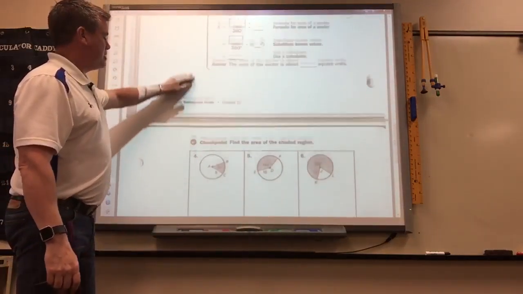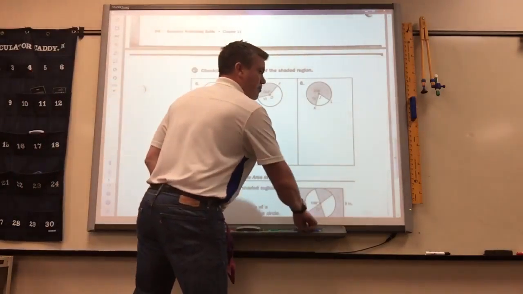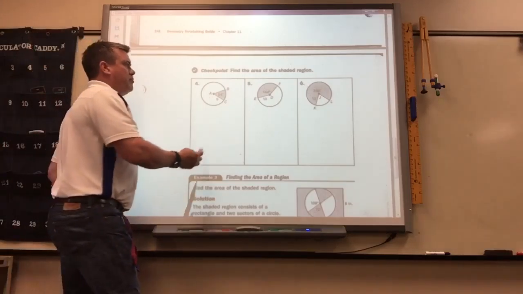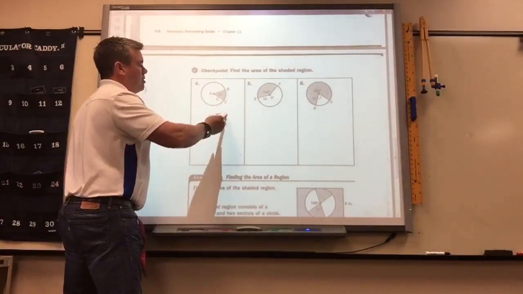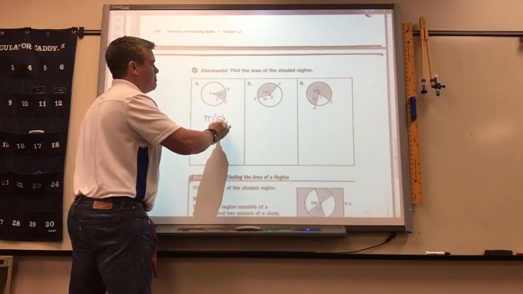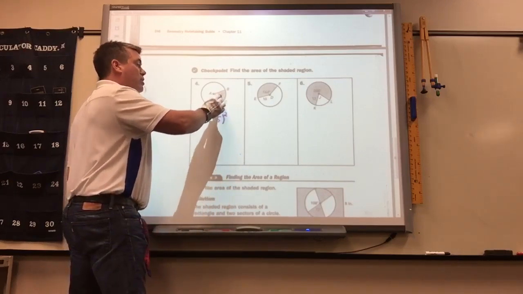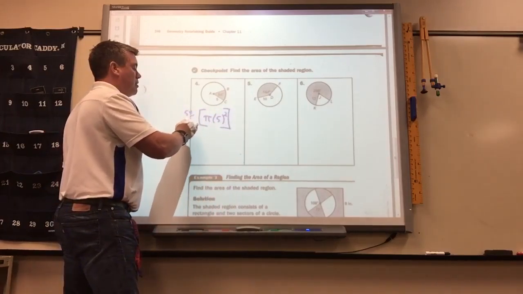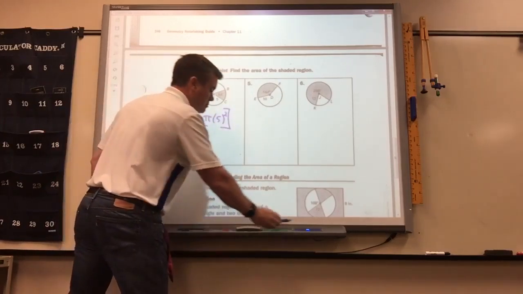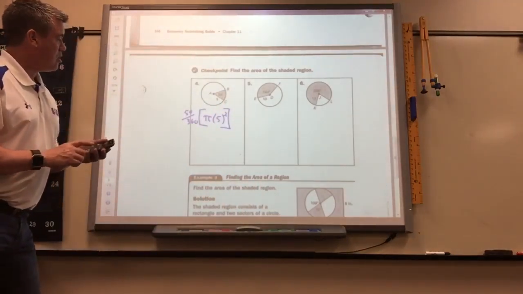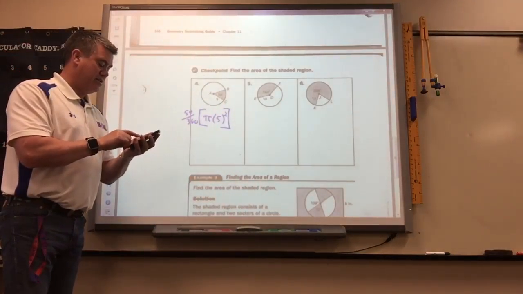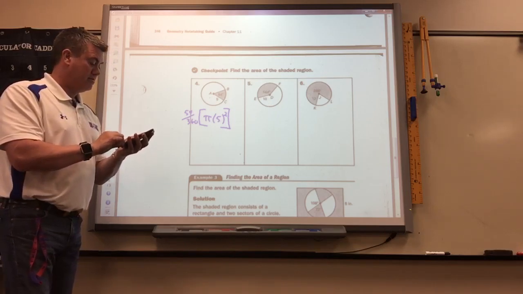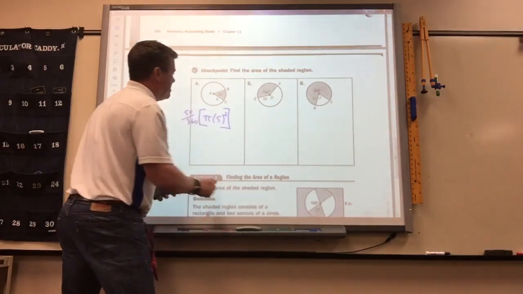So then the sectors. Again, it's just the same concept as yesterday. You're only finding a fraction of the circle. So the whole area of this would be pi times 5 squared. But we only want 54 degrees of it. So take that times 54/360. So it's just 54 divided by 360 times pi times 5 squared. 11.8.